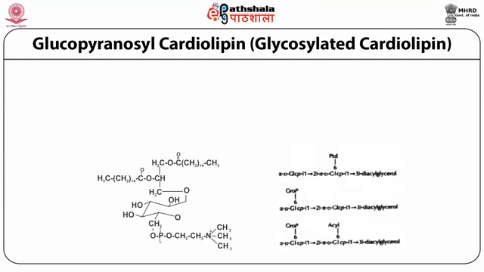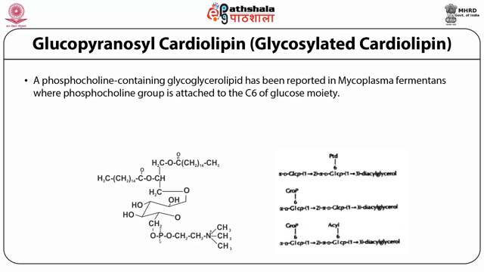Another subtype of glycolipids, the glycosylated cardiolipin or glucopyranosyl cardiolipin, has been reported from Mycoplasma fermentans, and this is a phosphocholine-containing glycoglycerolipid where the phosphocholine group is attached to the carbon 6 of the glucose moiety.